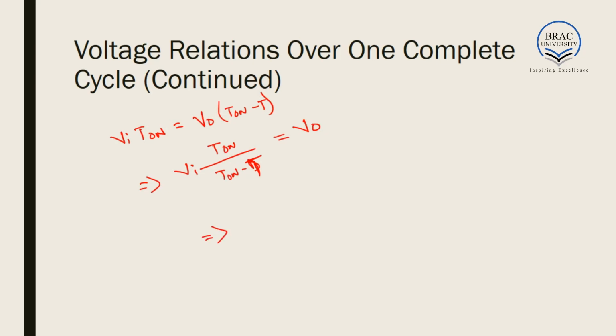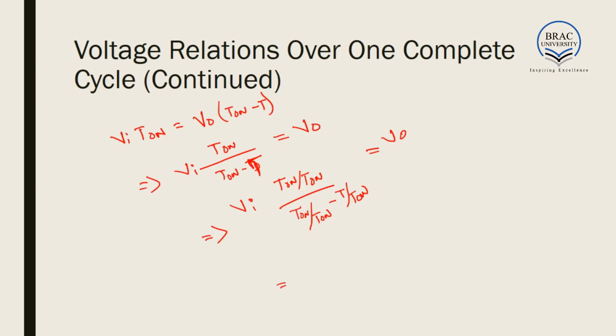So we divide the top and bottom by T on. We get Vi times T on by T on, divided by T on by T on minus T by T on.